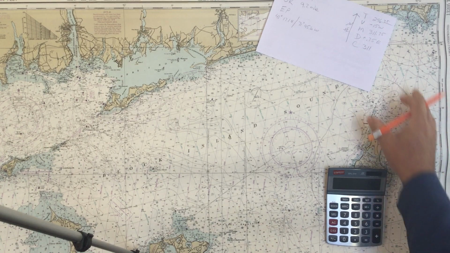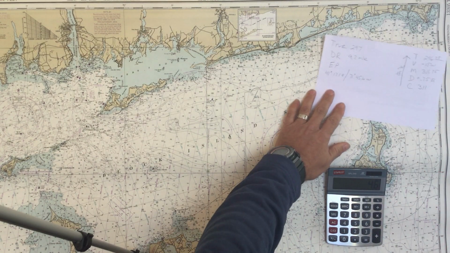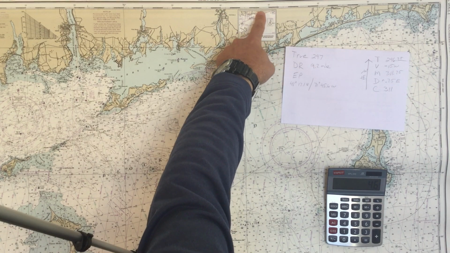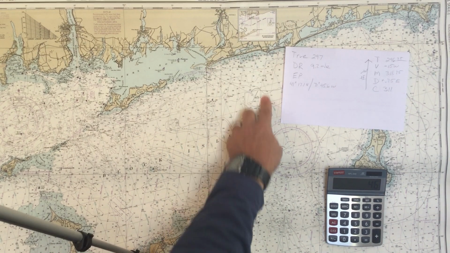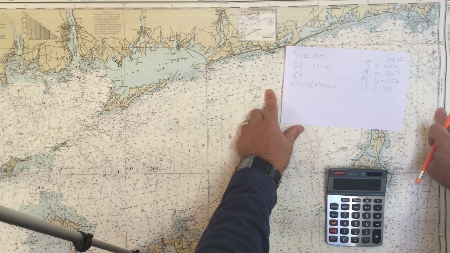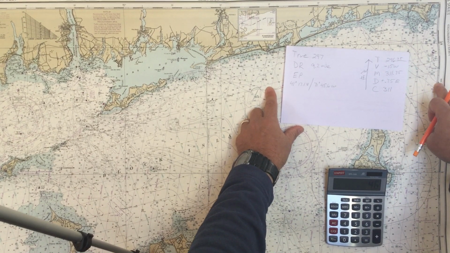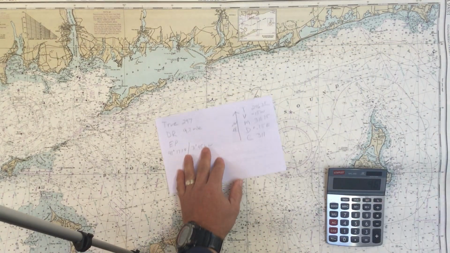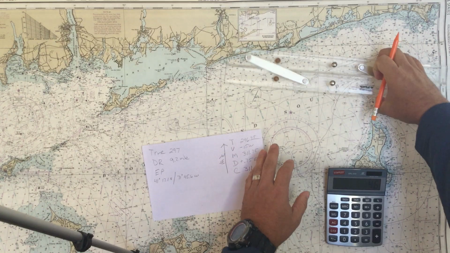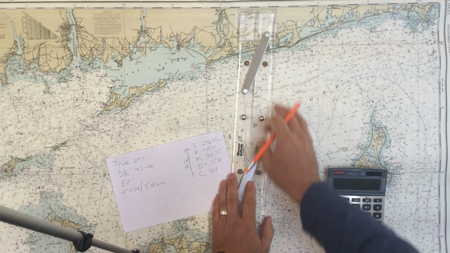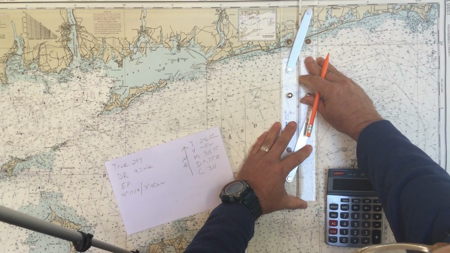Okay, and now let's plot that second position. So we've got 45.6. Well, here's 45.6. So it's going to be somewhere in this neighborhood. Okay, and 17.1. So here's 15, 16, 17.1. So it's going to be somewhere up in here. So let's draw those lines. Okay, the first one was 45.6. So here's 40.